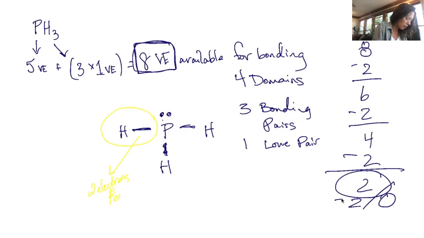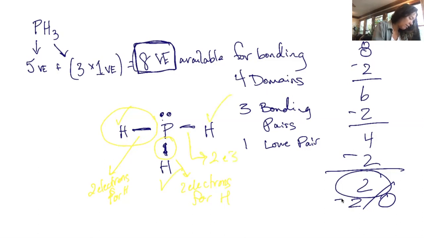So hydrogen's happy. Now I've got this hydrogen. That's 2 electrons for hydrogen. So what that tells me is this hydrogen is happy. He's satisfied. This hydrogen also has 2 electrons. Hydrogen's happy.